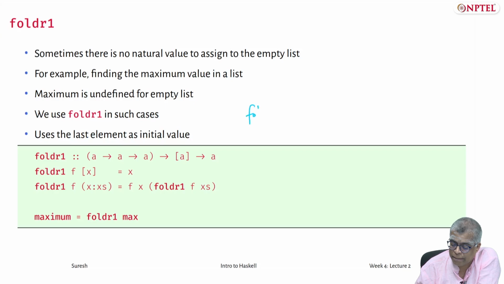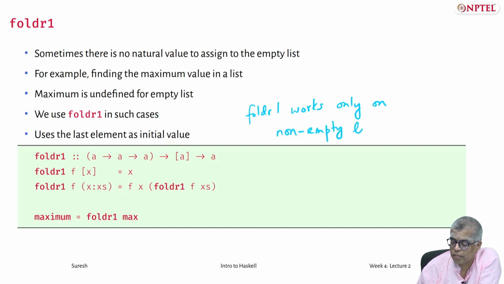So foldr1 f of a singleton x is just x, and foldr1 f of x colon xs is f applied on x and foldr1 f xs.